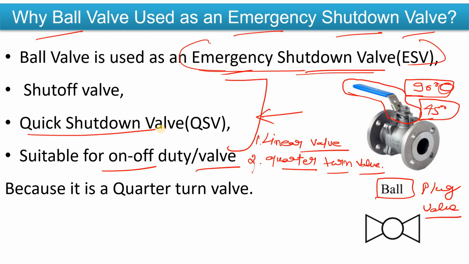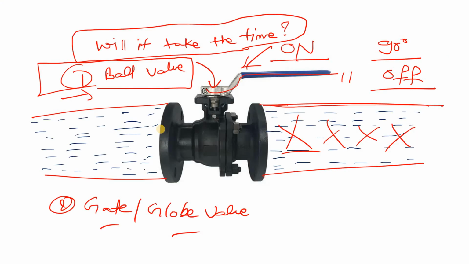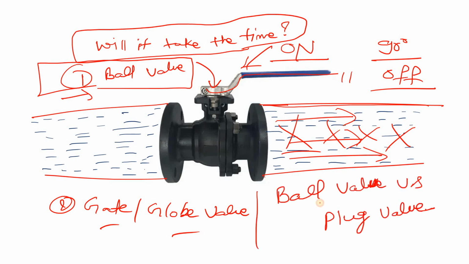So whenever you have to close it, it will require very little time. It means the fluid will not go into the downstream section, and in the case of a plant shutdown or an emergency, you can simply restrict the flow, right? So this was the answer behind why we use the ball valve as an emergency shutdown valve or quick shutdown valve.